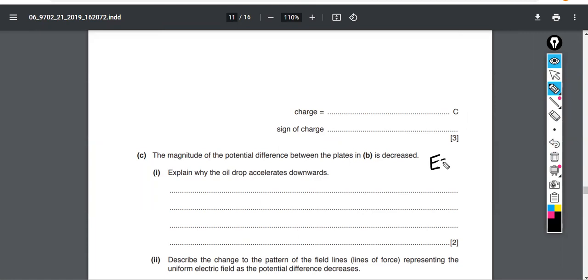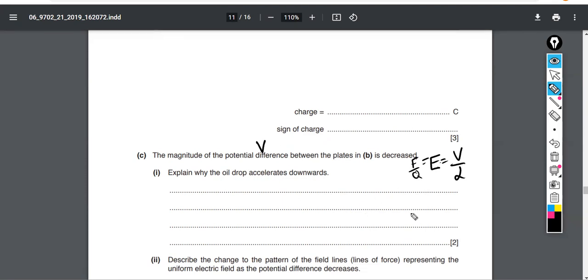If the magnitude of the potential difference, the voltage, goes down and we don't change the distance between the plates, then the electric field is also going to go down. It's going to become less strong. Remember, the electric field was the thing providing the electric force that was balancing the weight. If you decrease the electric field strength, you're also decreasing the force that charge is experiencing. This is the region of space where a charge experiences a force.